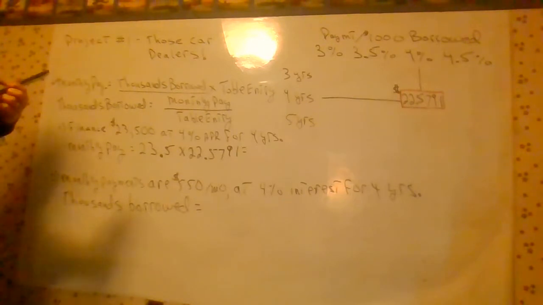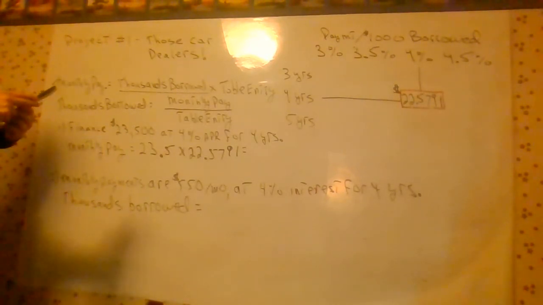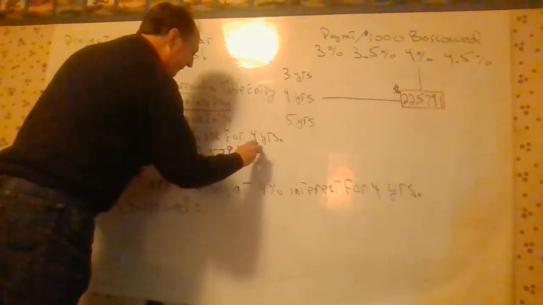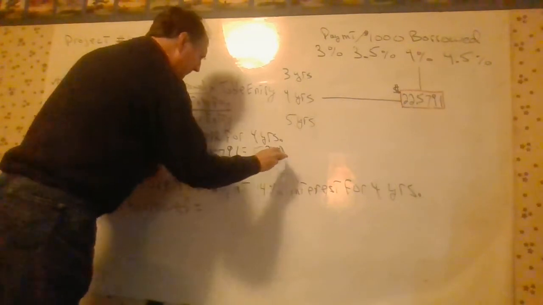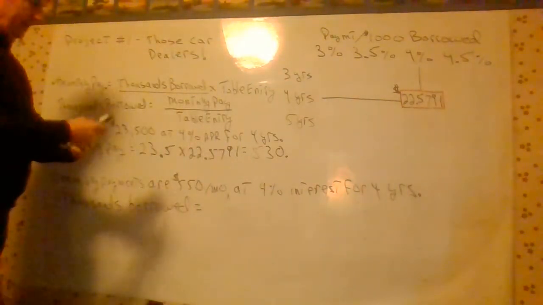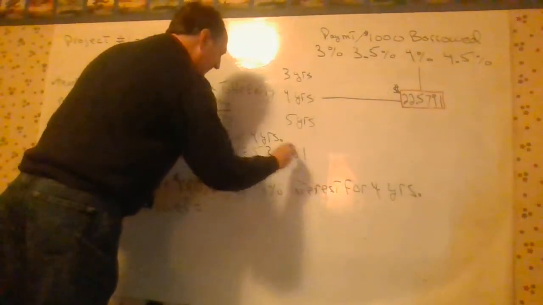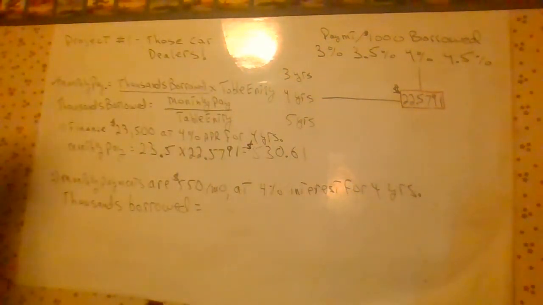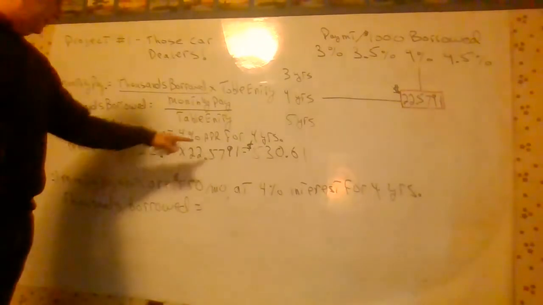So we do 23.5 times 22.5791 equals, and it looks like we have $530 and 61 cents. So that would be our monthly payment if we wanted to borrow this much for 4 years.